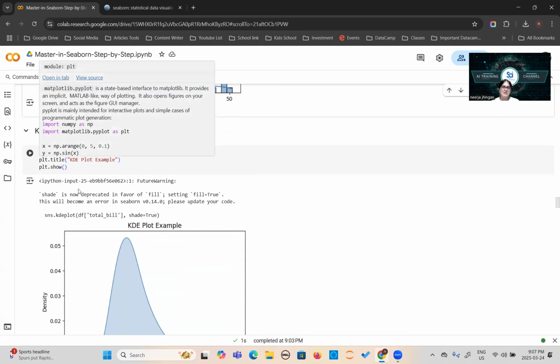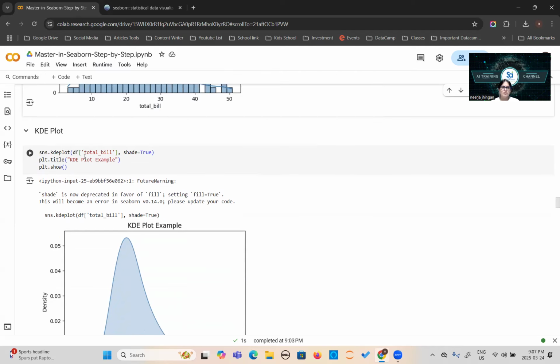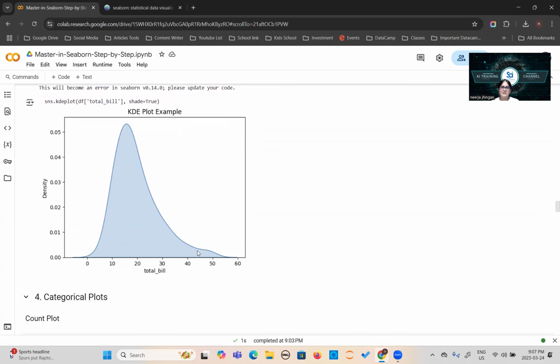And then we have a kernel density plot. This is very easy, the KDE plot. Here you go. Here you only need to pass the total bill and the shaded area. We will shade it. It is showing the skewness again. This is the right skewness, and this skewness shows that your data distribution is not normal.